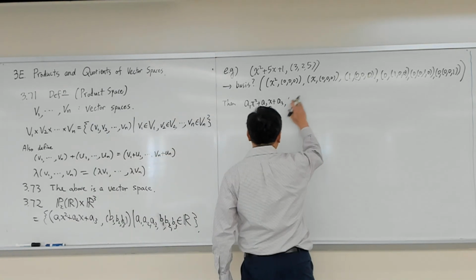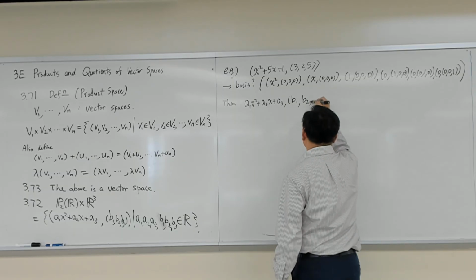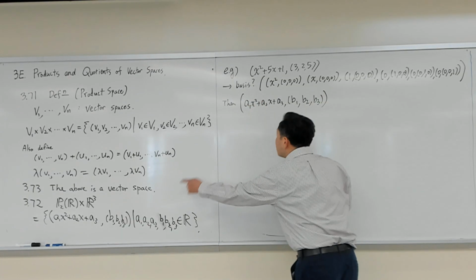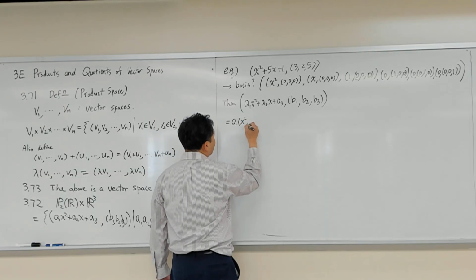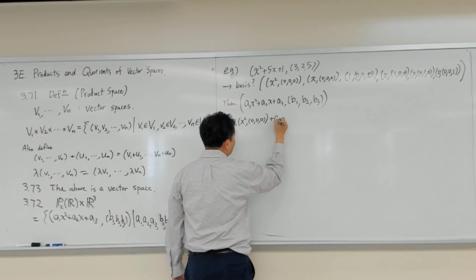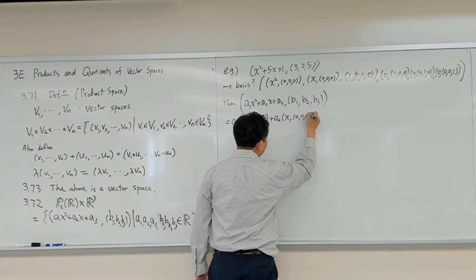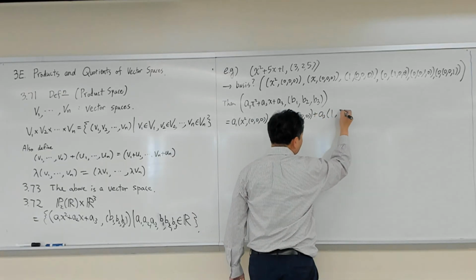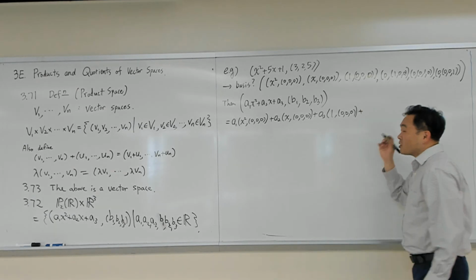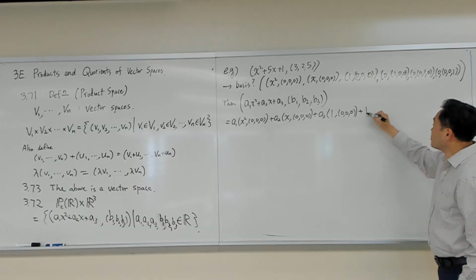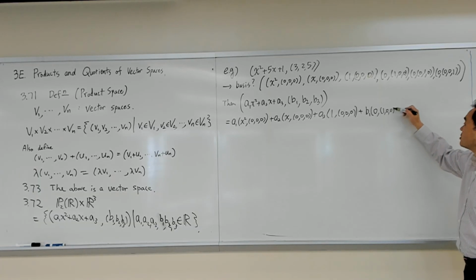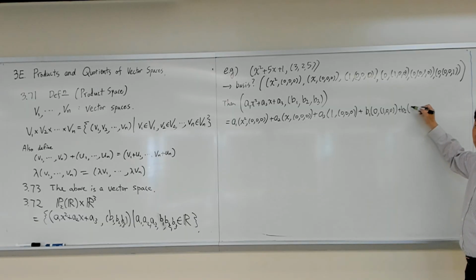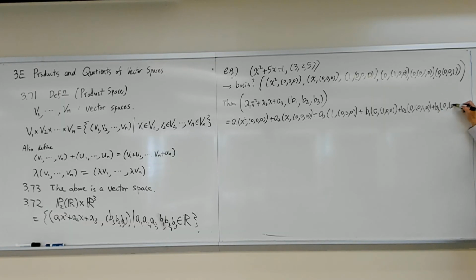So the generic element, so anything in here looks like this, can be written as a1 times (x squared, 0, 0, 0) plus a2 times (x, 0, 0, 0), a3 times (1, 0, 0, 0), and then b1 times (0, 1, 0, 0), b2 times (0, 0, 1, 0), plus b3 times (0, 0, 0, 1).